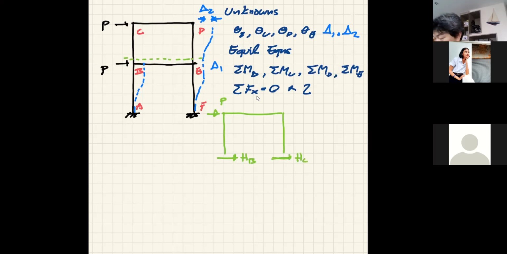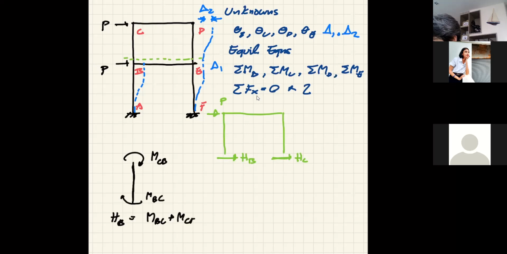So what you're going to realize next is that you have MCB, MBC, and HB apparently is MBC plus MCB divided by the length BC.